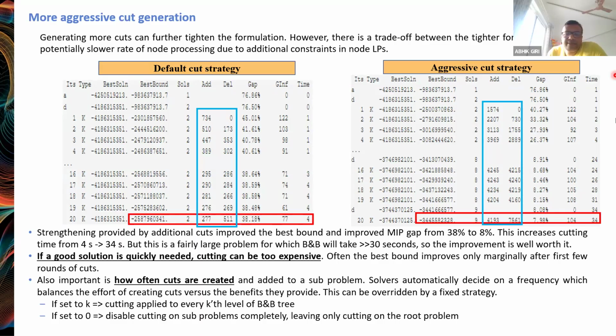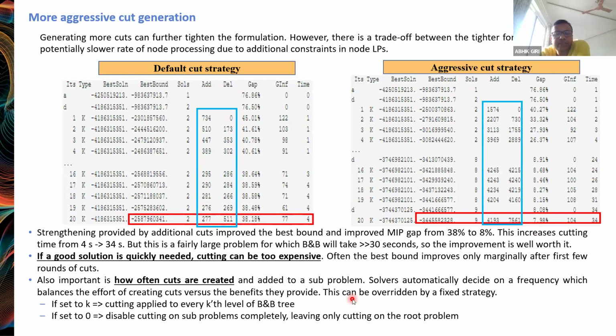Yeah. So in this case, as you can see, by adding more cuts, we are improving the best bound, and the MIP gap decreases from 38% to 8%. But we don't have the log after this, and it takes more time. So the summary here is, if you need a good solution, meaning a feasible solution, quickly, then adding more cuts can be too expensive.